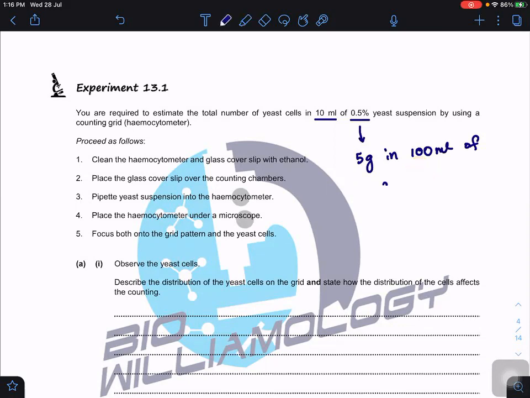So it's a 0.5% yeast suspension, using a counting grid.